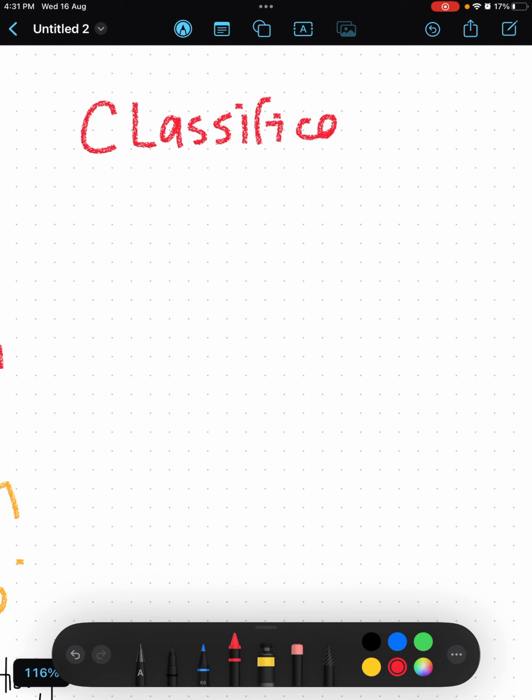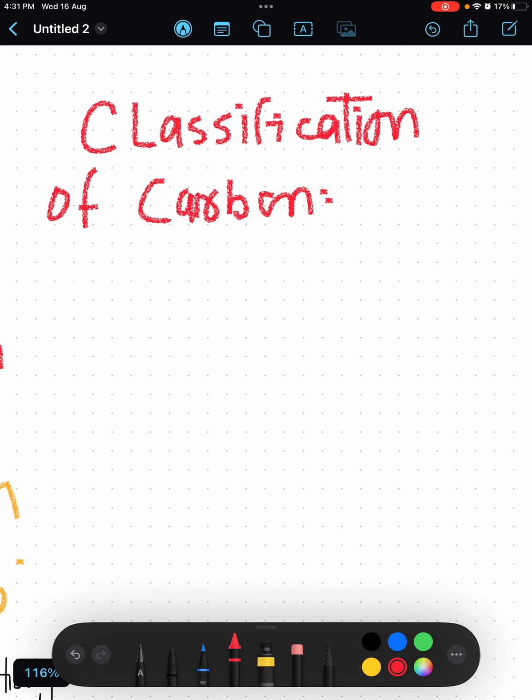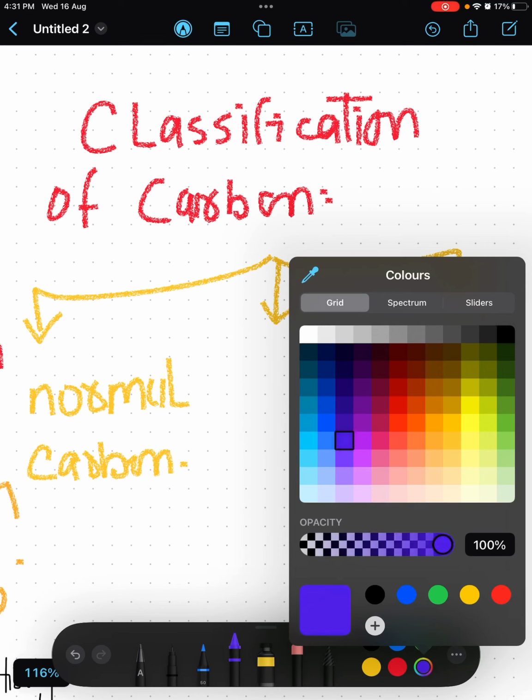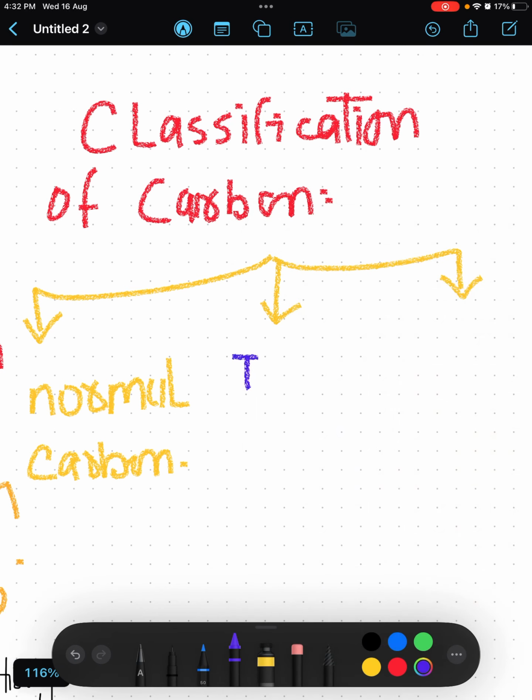Classification of carbon. Okay, we have basically three types. The first one is the normal carbon. The second one is isocarbon.